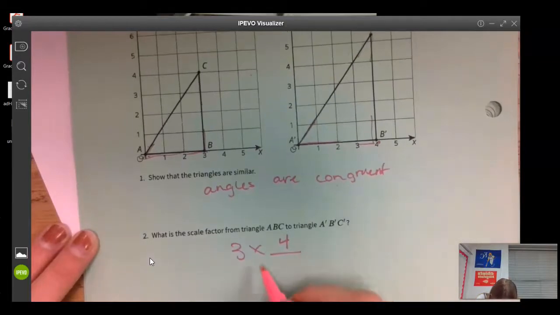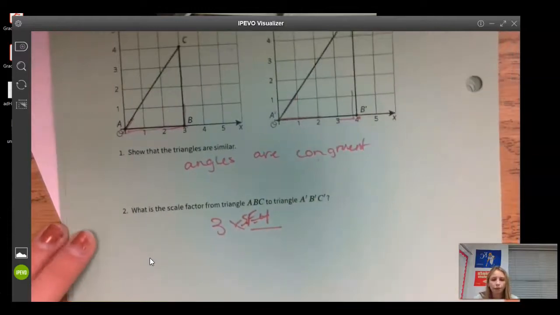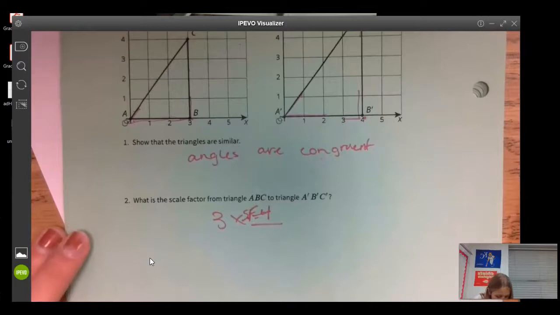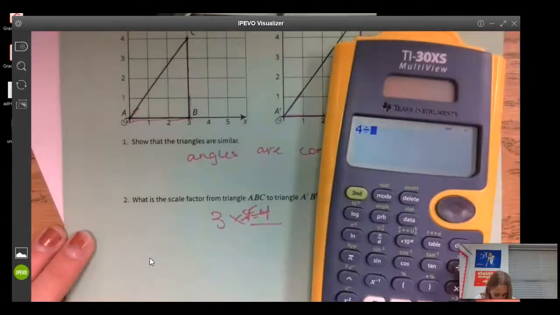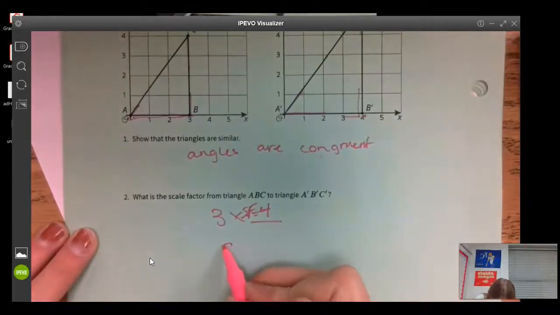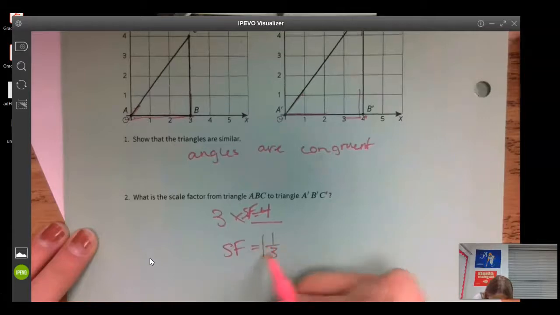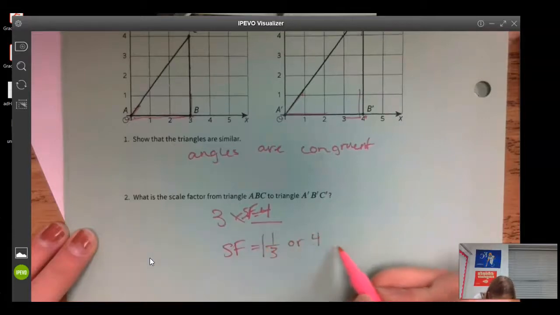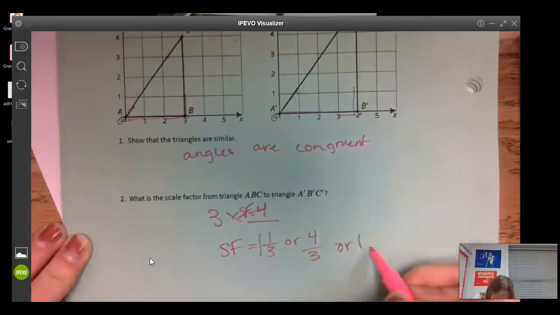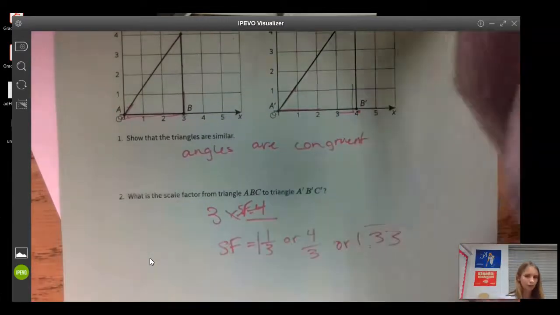Sorry, I kind of wrote this wrong. I forgot to put the scale factor there. So 1.333 is the same as saying 4 over 3. So our scale factor could be 1 1/3, or 4 over 3, or 1.33 repeating. Any of those would work there.